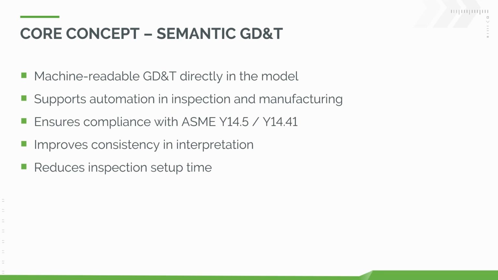Now it says supports automation, so this information can be pulled through to some sort of manufacturing process, downstream. We also have some tools in Creo to allow compliance with different standards. And there's lots of other benefits, but it can certainly reduce the inspection time.